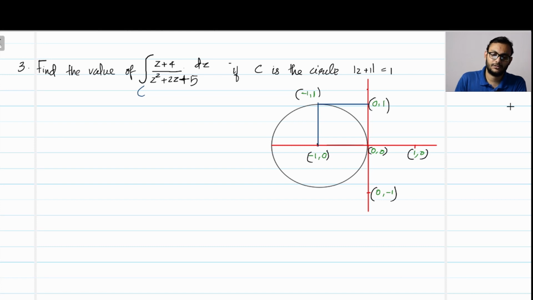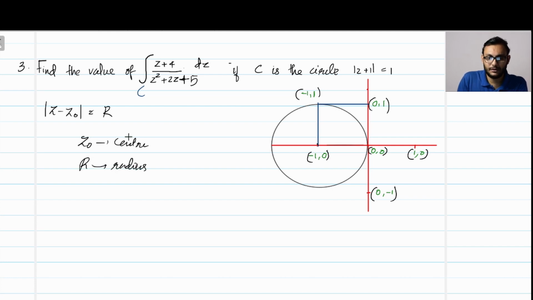Before jumping into the solution, first of all let us recall the equation of a circle. In the complex plane, we can represent the equation of a circle as mod z minus z naught equal to r. This is the equation of a circle with z0 as the center and r as the radius of the circle.